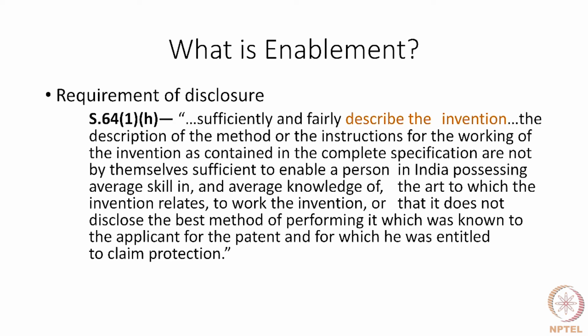So all patents are addressed to a person skilled in that art. So when a person of that background reads the invention, he is unable to perform it. He is unable to use it. By which we understand that the applicant has not made an enabling disclosure.